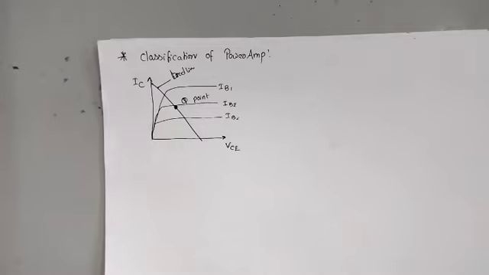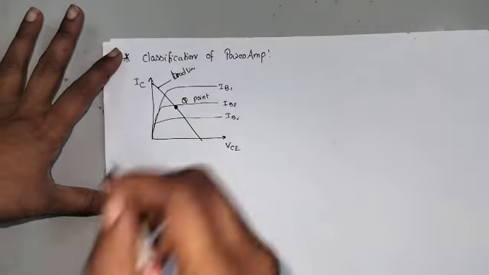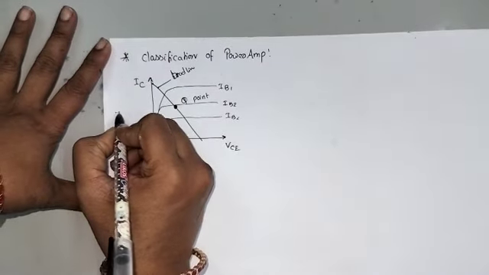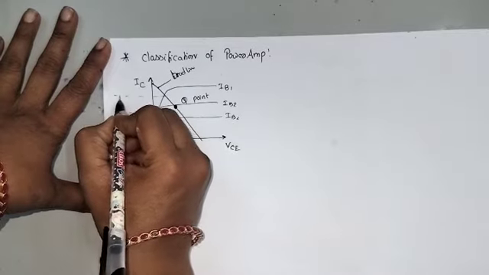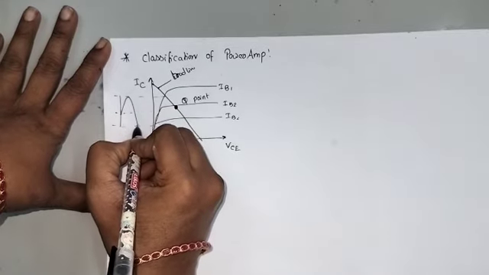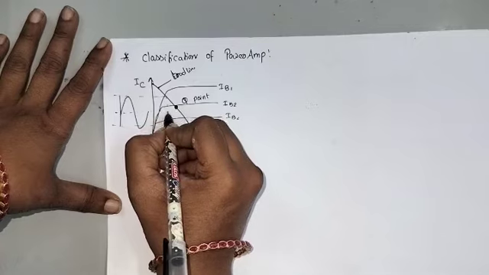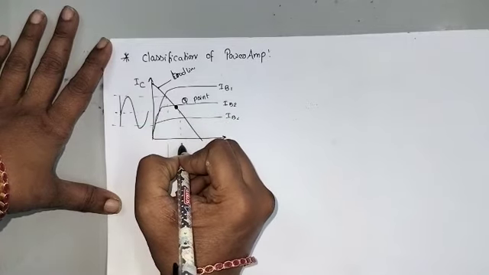It means it reproduces the input signal without any distortion. Here we have to draw the standard diagram you have to learn for power amplifiers.